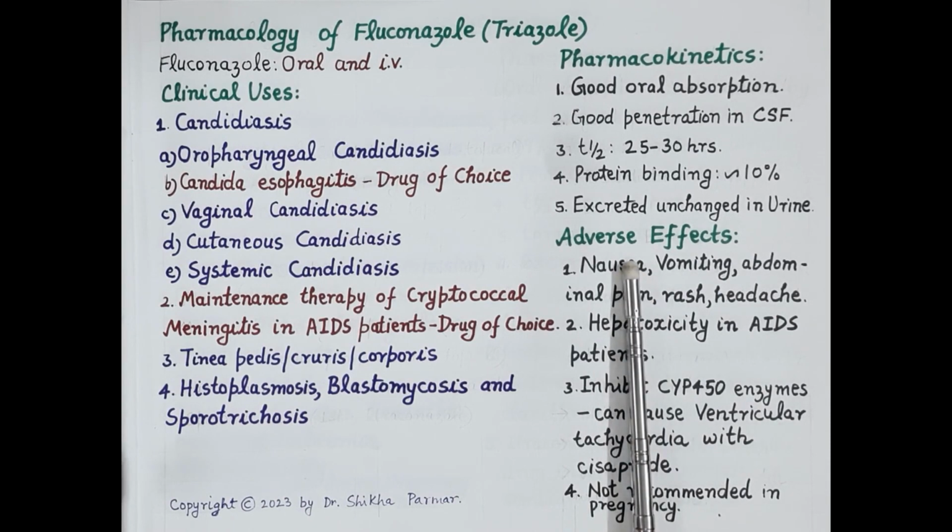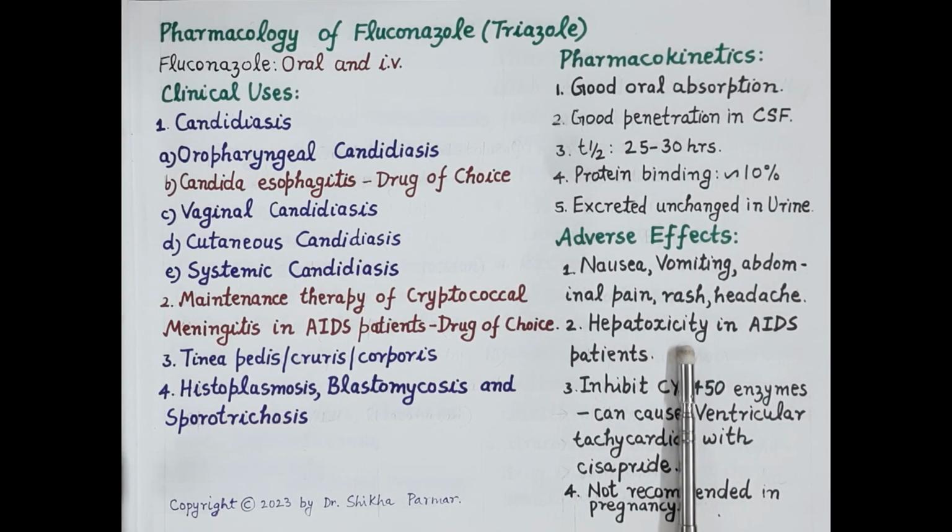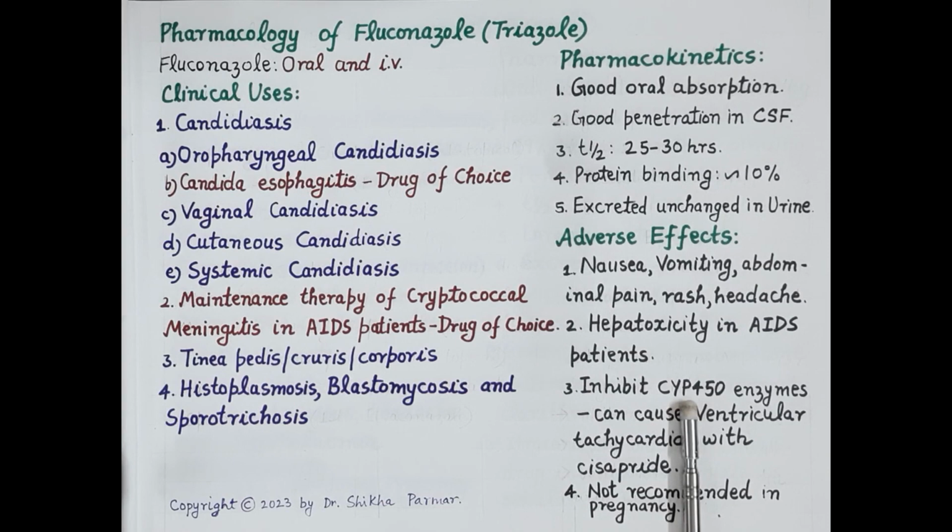Then adverse effects of fluconazole. Fluconazole produces fewer side effects, and the common adverse effects are nausea, vomiting, abdominal pain, rashes and headache. Hepatotoxicity can occur in AIDS patients, and it is contraindicated during pregnancy and lactation. Then fluconazole inhibits the cytochrome P450 enzyme, and thus it shows drug interactions, but the drug interactions are lesser compared to that of ketoconazole.